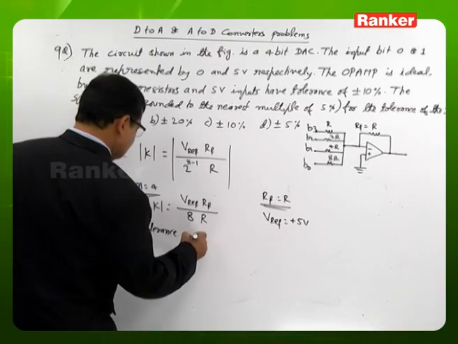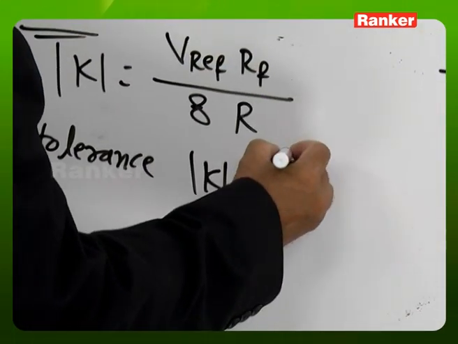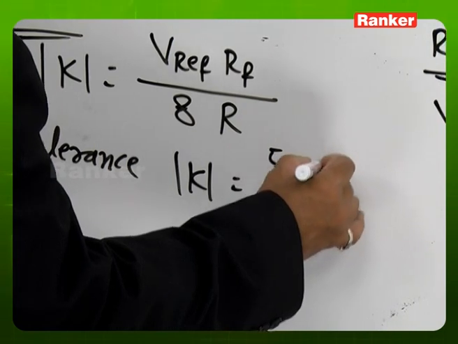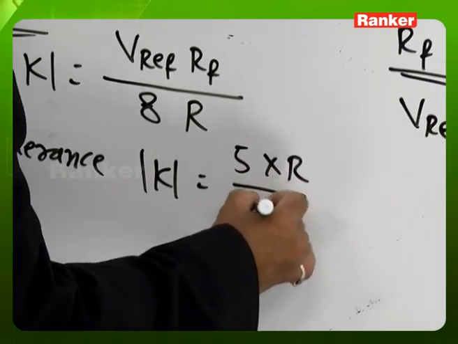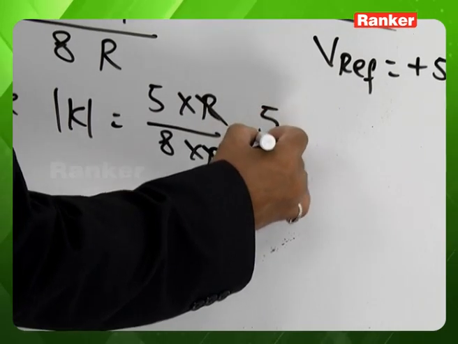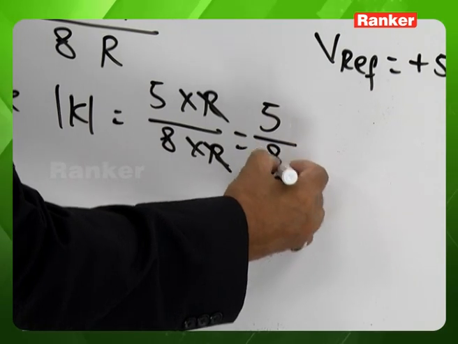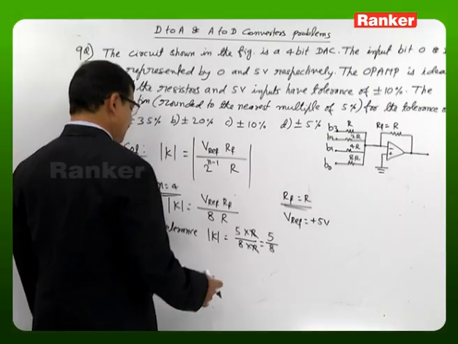In that case, the K value is 5 into R divided by 8 into R. Hence, it is nothing but 5 by 8.